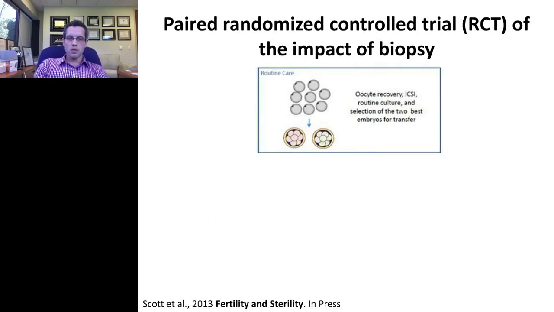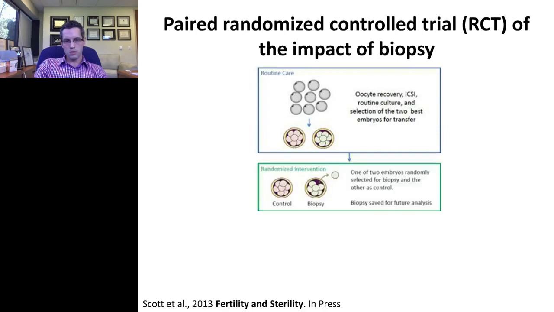One of the studies we completed was a paired randomized controlled trial. Here we again applied DNA fingerprinting. 2 embryos were selected based on morphology, so the best looking embryos under the microscope. They were then randomized so that one had an embryo biopsy performed and the other served as a control and was not biopsied.